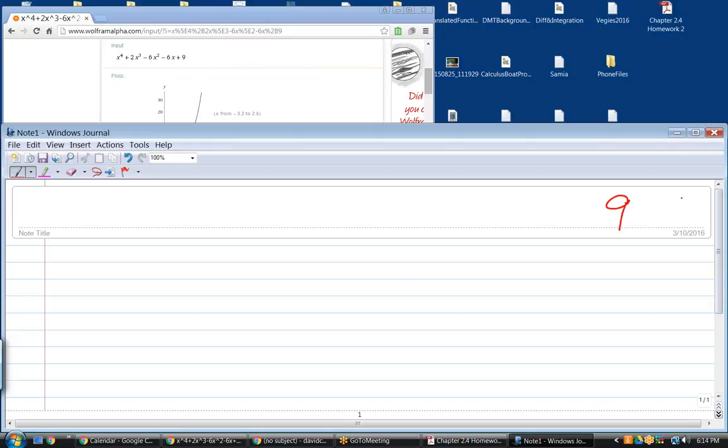Well, if we list the factors of 9, there they are. So my numerator has to be either plus or minus 1, plus or minus 3, or plus or minus 9. My denominator has to be plus or minus 1, because that's the coefficient of the highest degree.